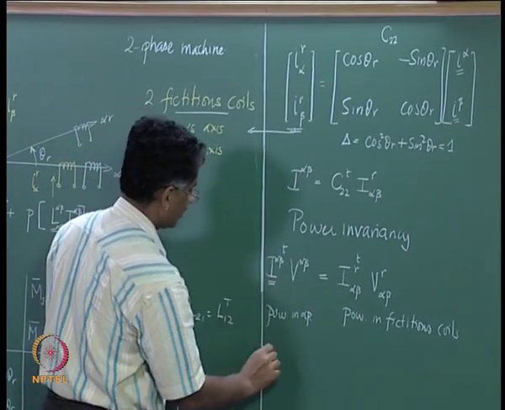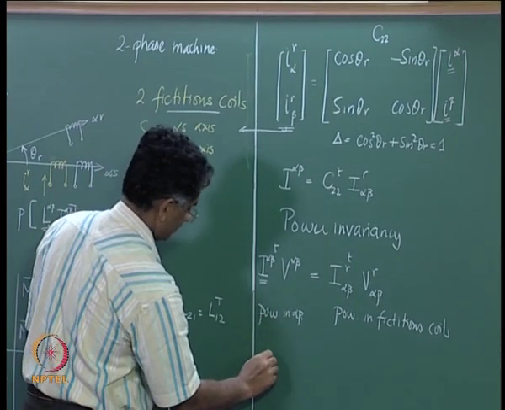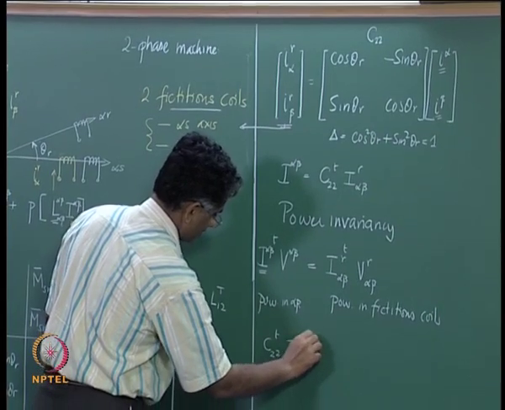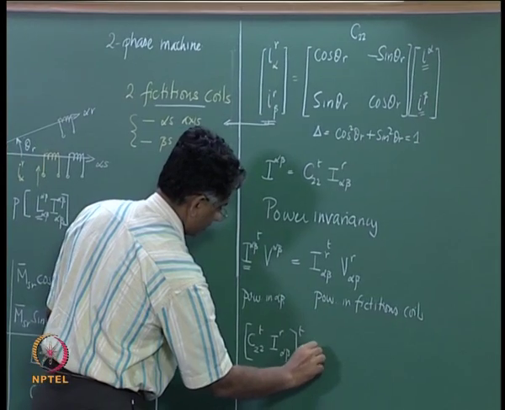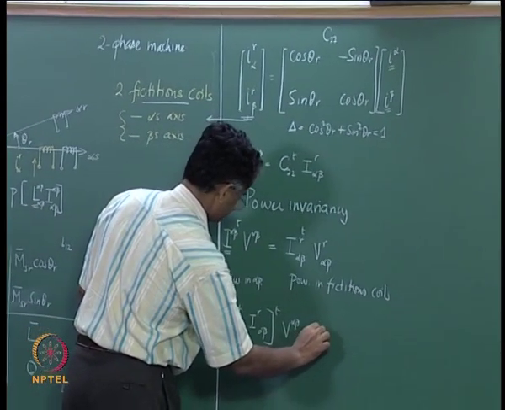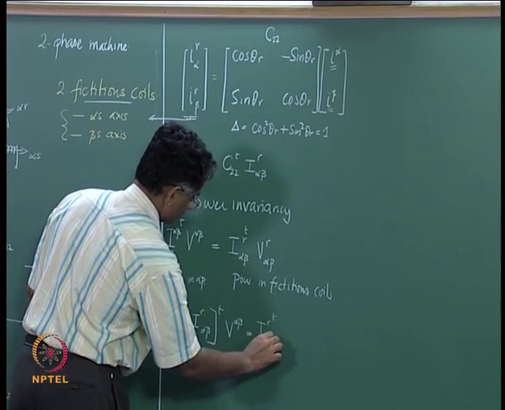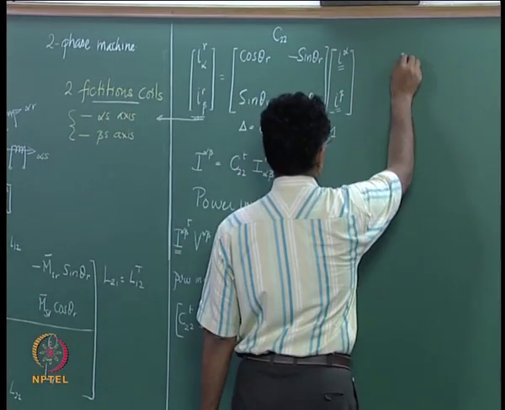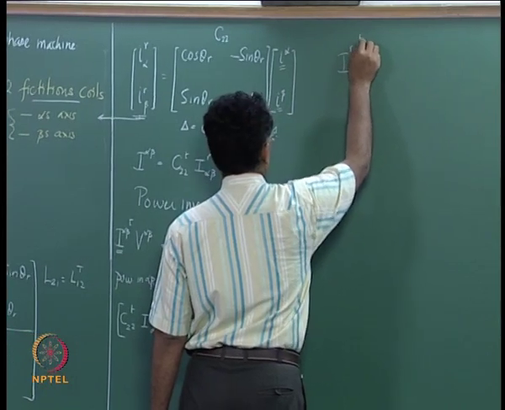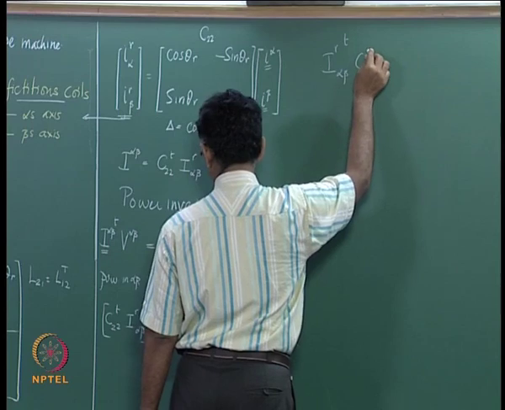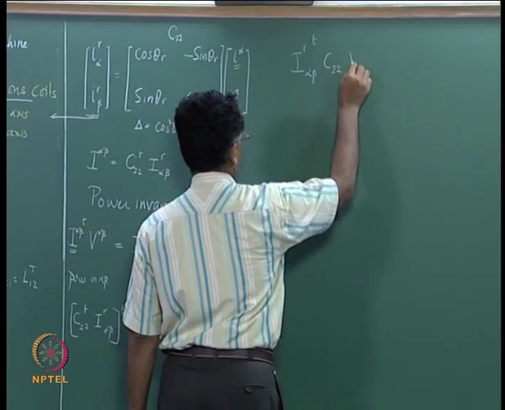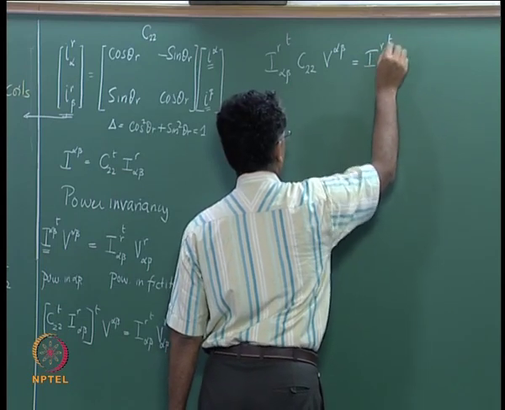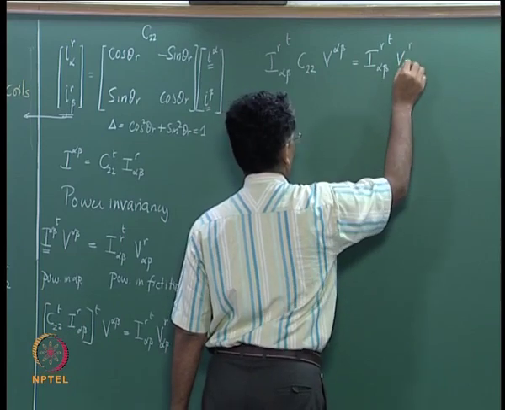and therefore if we are to get this, we can now use this relationship and replace this expression, that is C22 transpose into I r alpha beta, this whole thing transposed, multiplied by V alpha beta equals I r transpose alpha beta into V r alpha beta, which then means that I r transpose alpha beta into C22 transpose is C22 into V alpha beta equals I r transpose alpha beta into V r alpha beta.